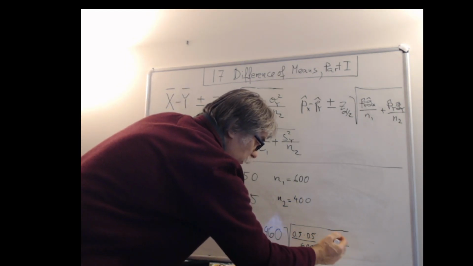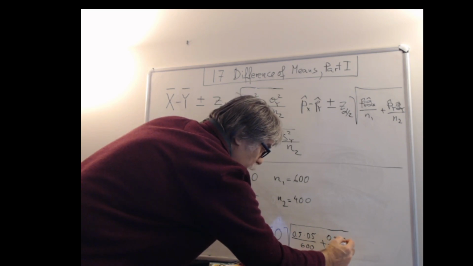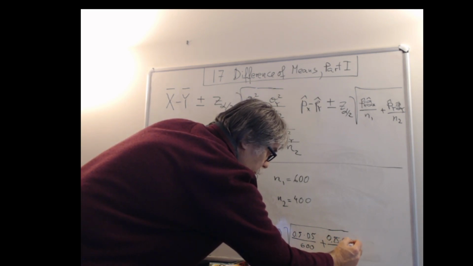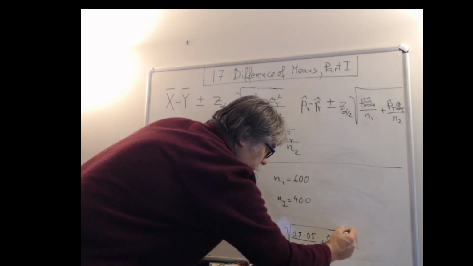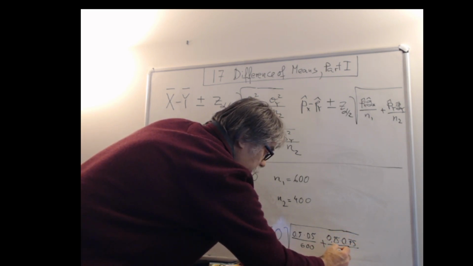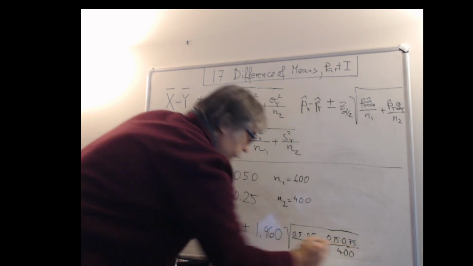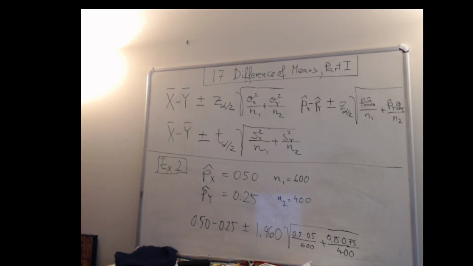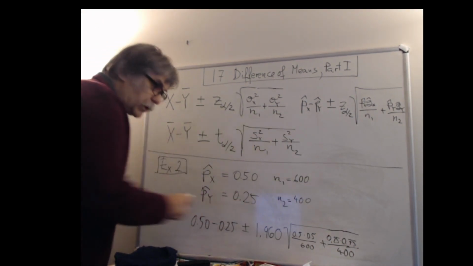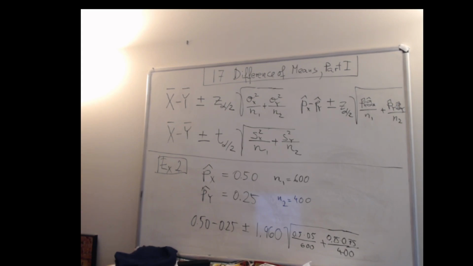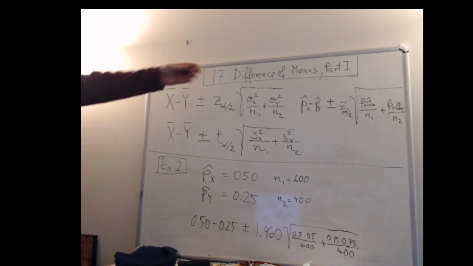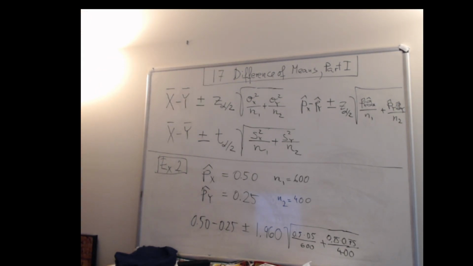The complementary to 25% is 75%, so that's a QY, and the N2 is 400. So once again, you have the 95% confidence interval, straight out of that formula over there, nothing special.